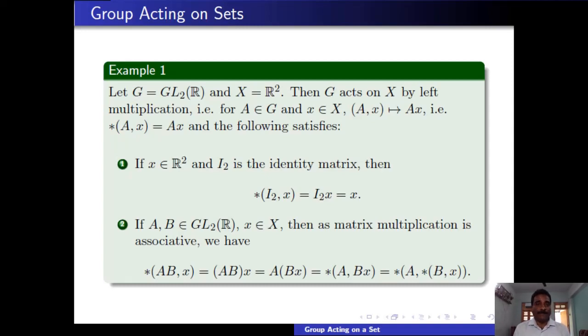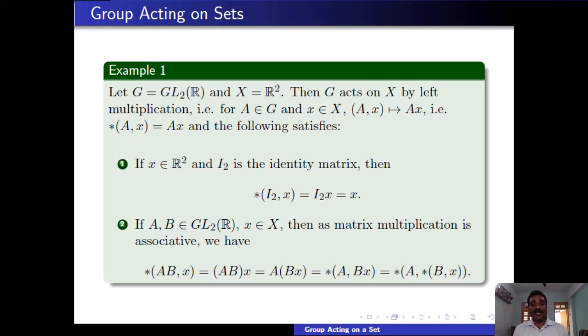What about the second one? For that you need two elements from G. So here we are taking A and B belonging to GL2(R) and x in X. Then by definition, star of (AB, x) is equal to A times B times x. Because you know that multiplication is associative in matrices, we can write that as A times (Bx), which we can write as star of (A, Bx).